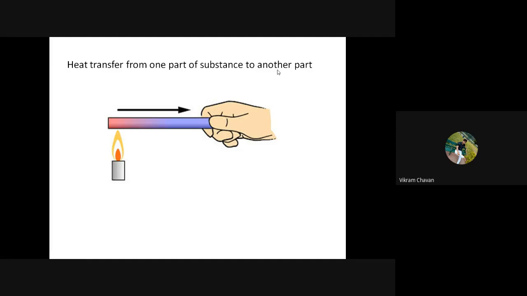One part we hold over the fire gets heated, and after some time the person will feel the heat. This heat is transferring within a substance from one region to another region, so that will be considered conduction.